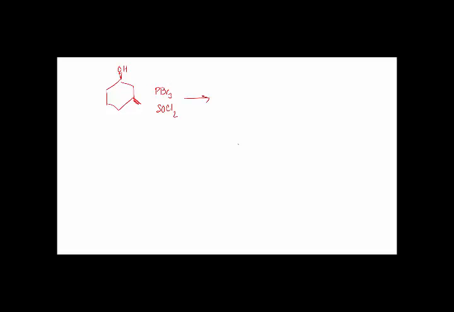But there's some controversy as to whether or not they retain or invert the configuration. So I don't know what I said in the video. What did I say in the video regarding SOCl2?